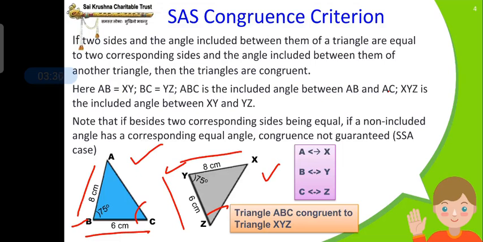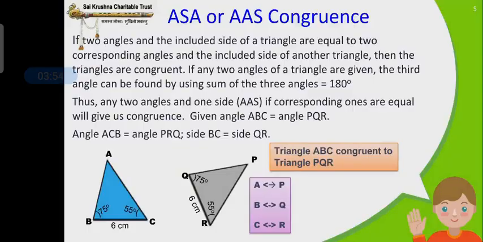When it comes to the vertices, vertex A is equal to vertex X, vertex B is equal to vertex Y, and vertex C is equal to vertex Z. Therefore, triangle ABC is congruent to triangle XYZ according to the SAS congruence criterion. Is it clear, children?